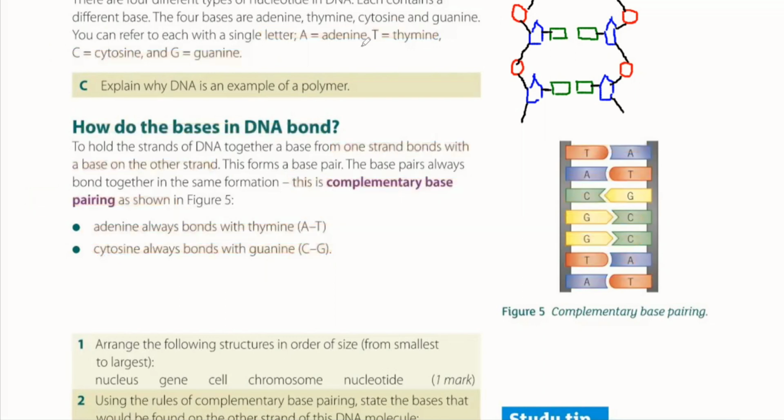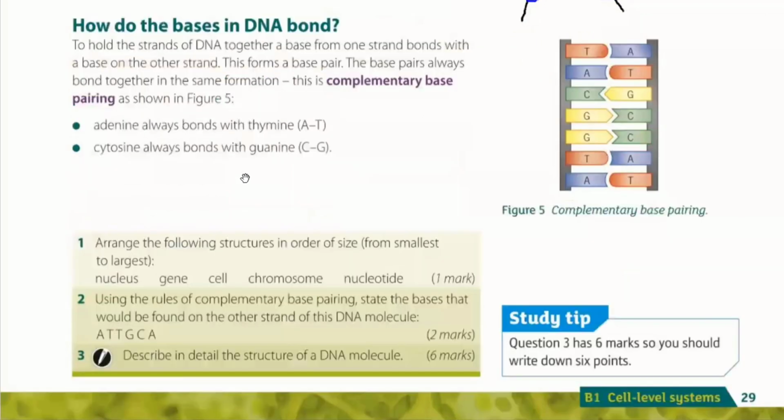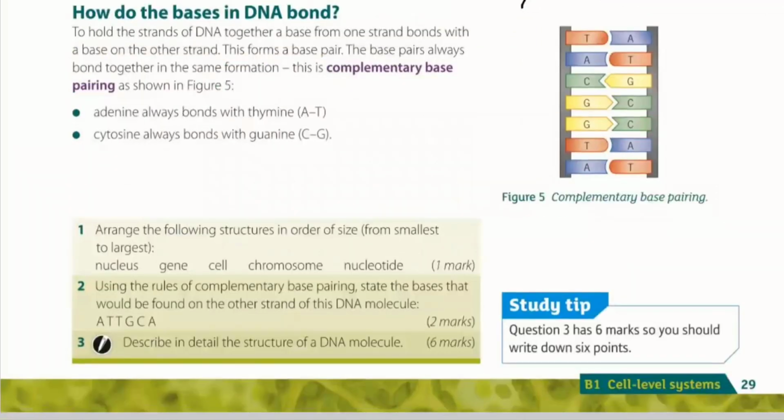We will see certain questions that your book is going to ask, to understand this. So these are the questions that we are going to deal with. Question one asks you to arrange the following structures in order of their size from smallest to largest. We have to see which one is the smallest and which one is the largest. We already know the nucleus is the largest unit.